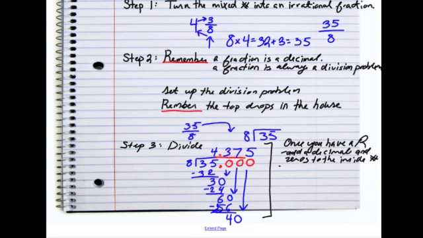But now you have something to bring down. So you're going to continue dividing until the decimal terminates, repeats, or you round.